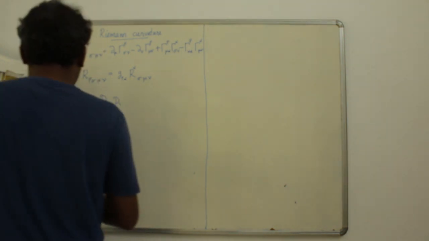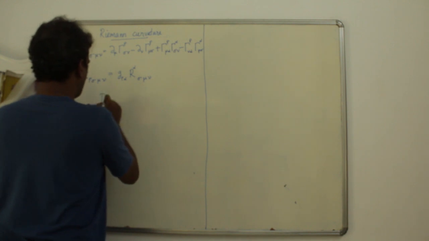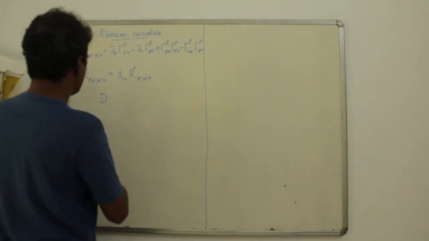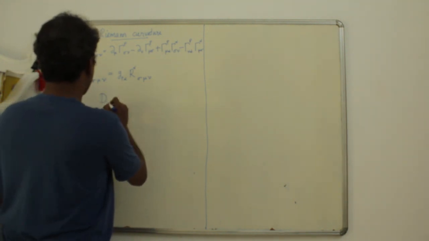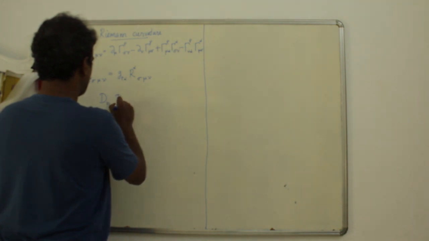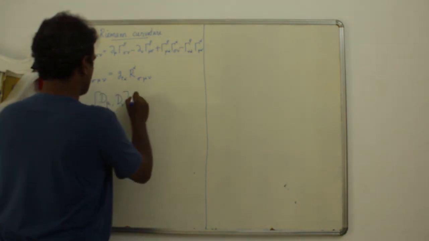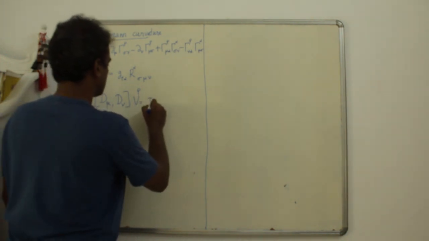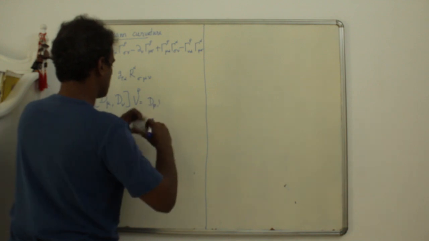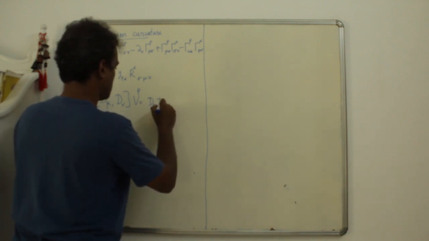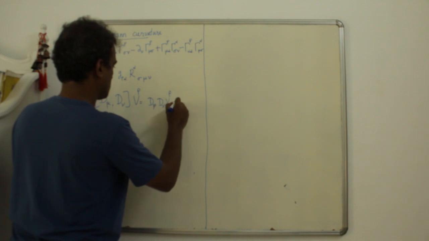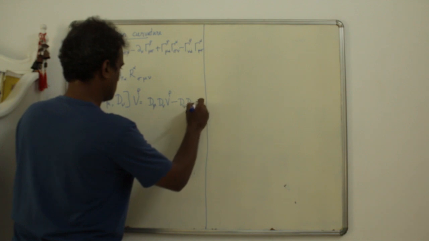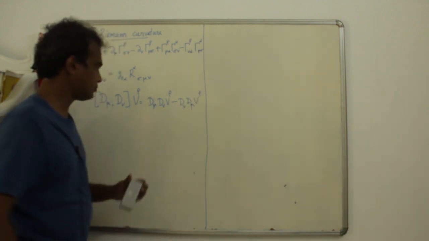a commutator of covariant derivatives of some arbitrary vector, as given here.